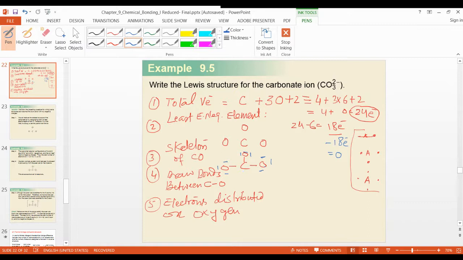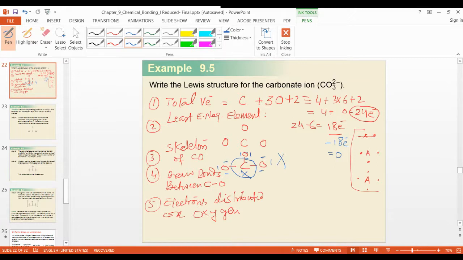Right? So are all octets complete? Is this formula correct or wrong? Which octet is not complete? Carbon is not complete, right? The octet is not complete, so this formula is wrong. We can put another line between the carbon and the oxygen.